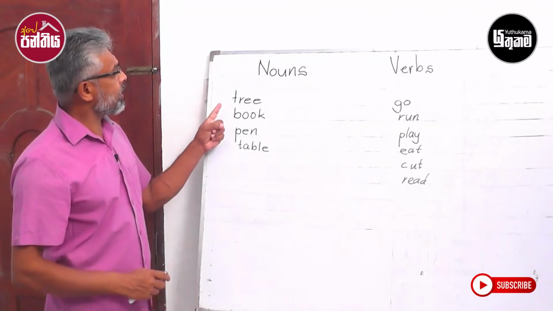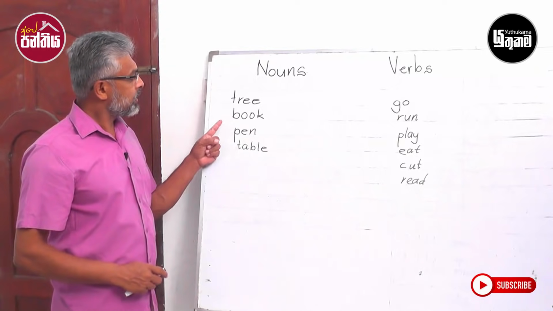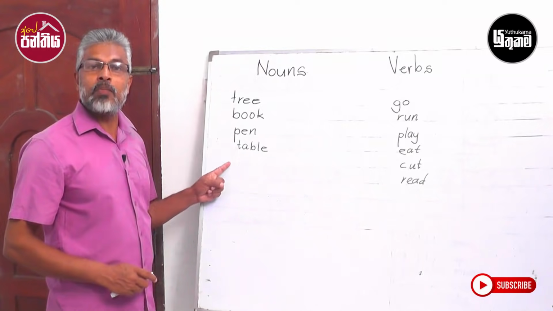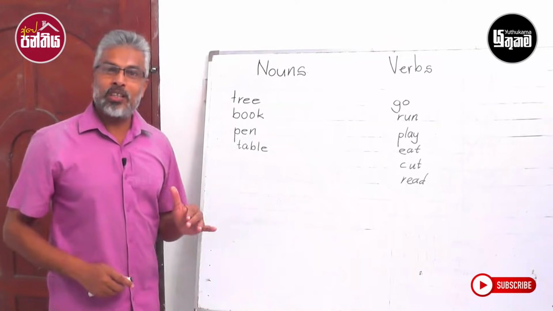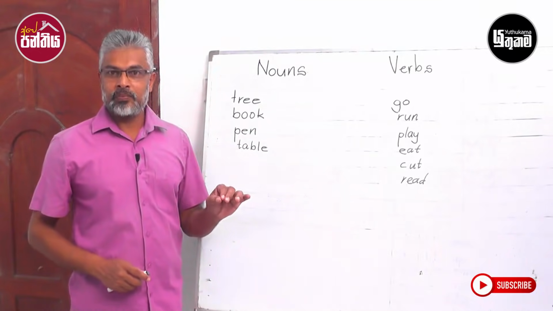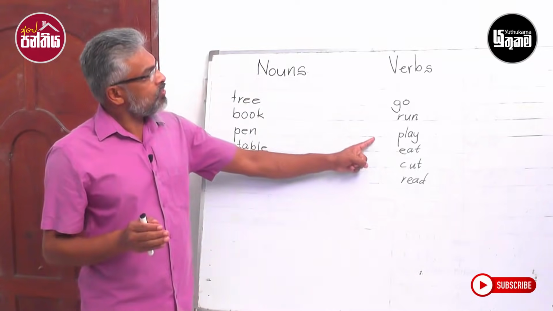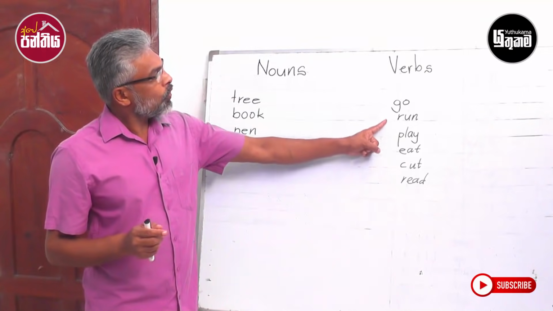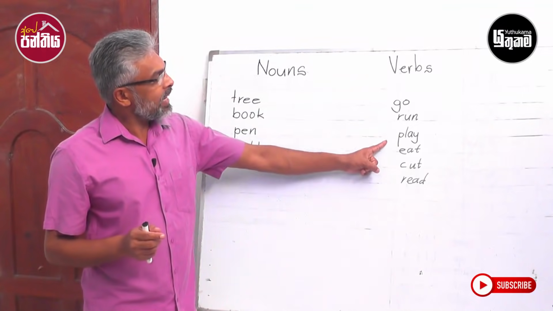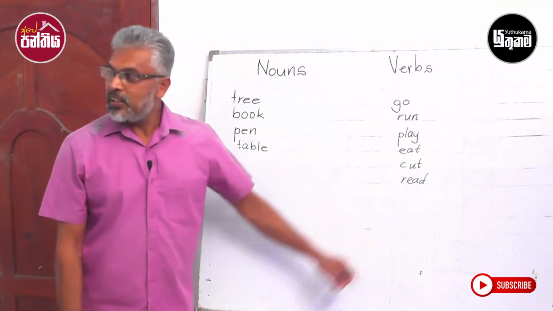Now look at this one: tree, book, pen, table. All these words are singular words. Now look at these: go, run, play, eat, cut, read.